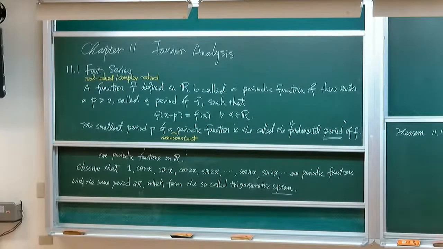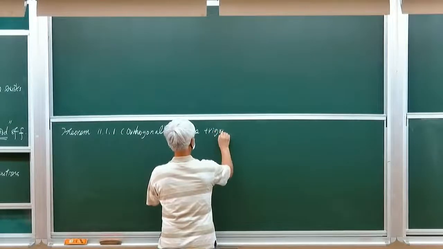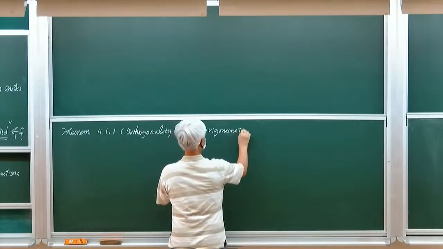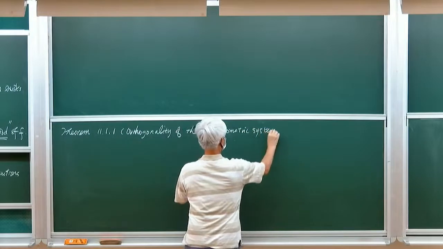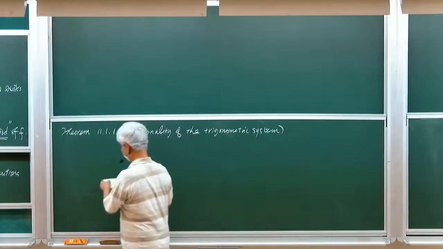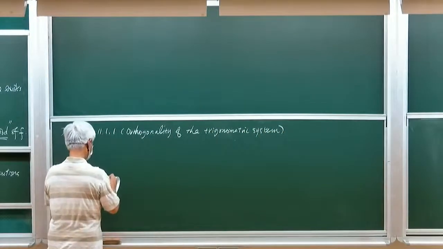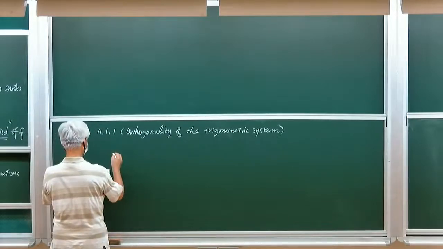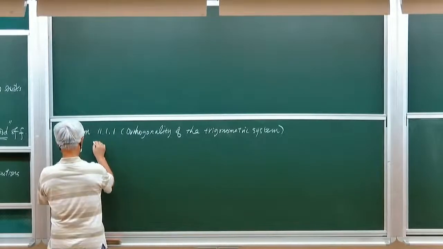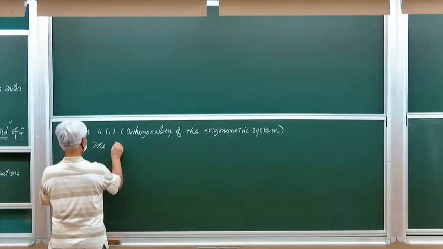And a property of the trigonometric system is orthogonality. Okay, so all right. So the statement is here.